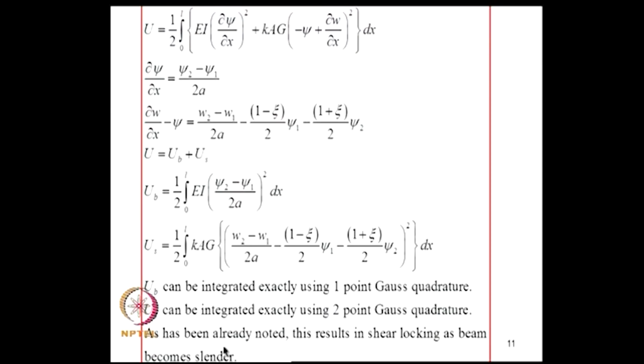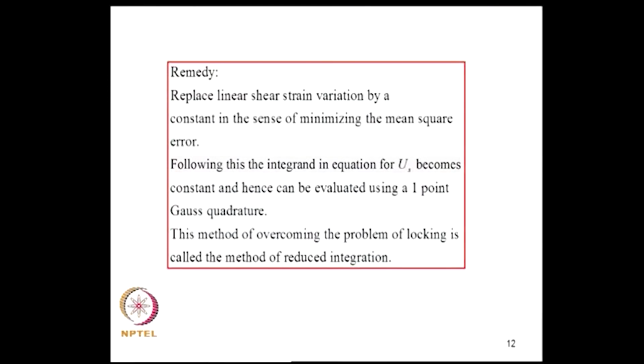But if we do this, then as already pointed out, we will face the problem of shear locking, because in this representation, as the beam depth becomes small, the representation does not automatically converge to the Euler-Bernoulli beam limit. What is proposed is that we replace the linear shear strain variation by a constant, in the sense of minimizing the mean square error across the depth.